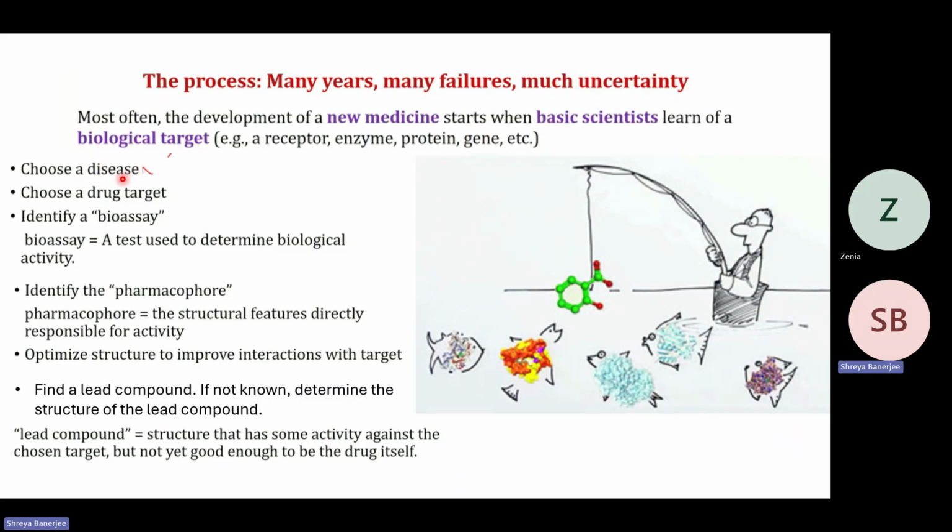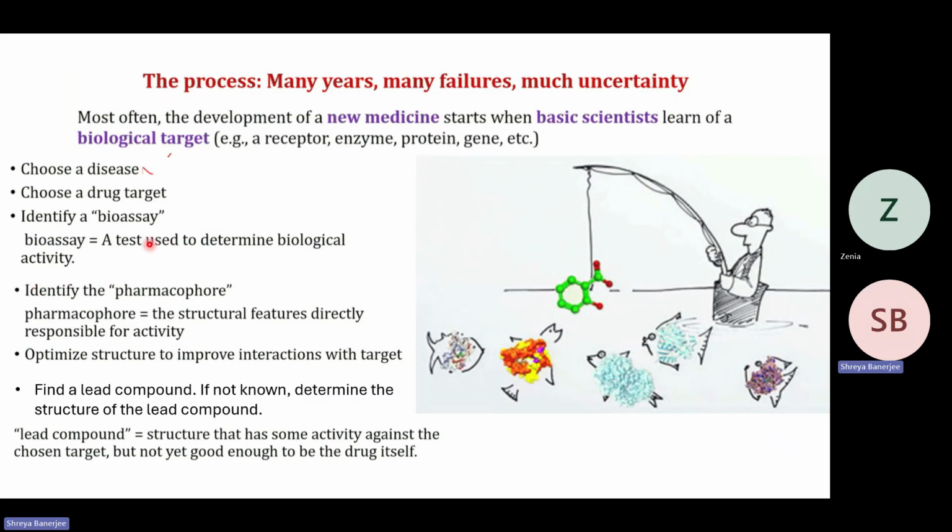So, a disease is chosen and there is a drug target. So, suppose a disease is caused due to some protein-protein interaction and we want to inhibit that interaction. So, then that becomes our drug target. Then a bioassay is identified, which is basically a test to determine the biological activity.